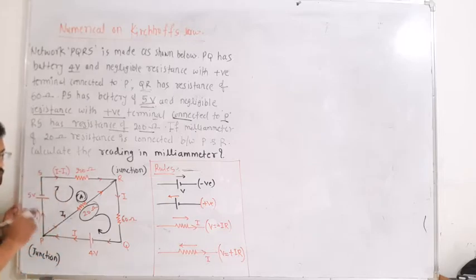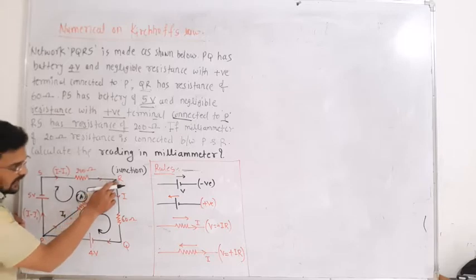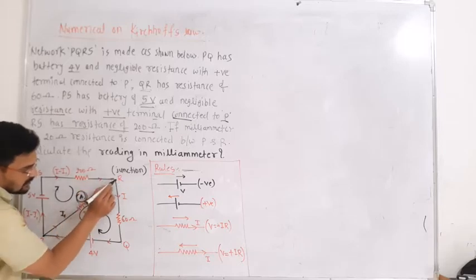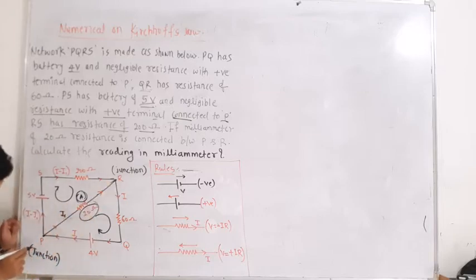A junction is a point where two or more currents meet. We cannot call this a junction because only one current is there. Q is also not a junction because only one current is flowing. But at R, one current is entering, another current is entering, and one current is leaving, so R is a junction. In the same way, P is also a junction, where one current enters but two currents leave.